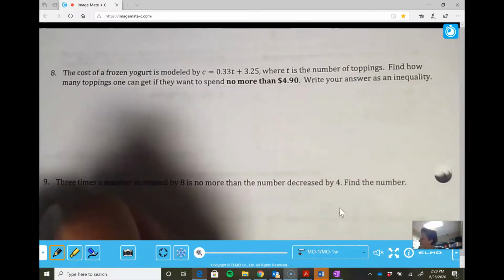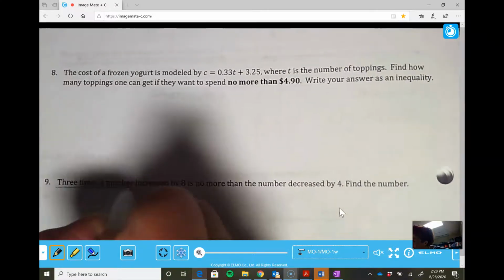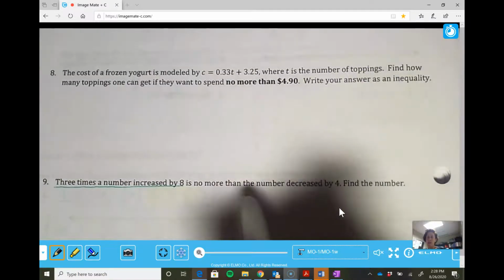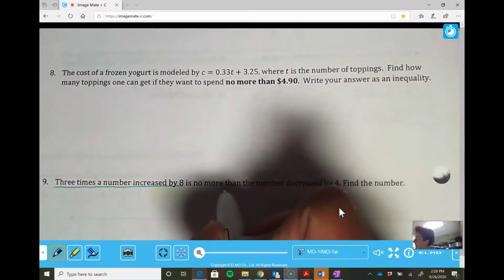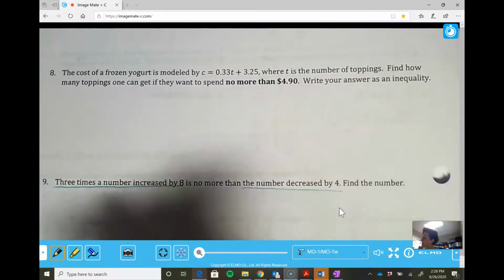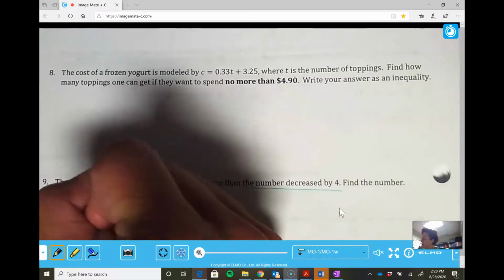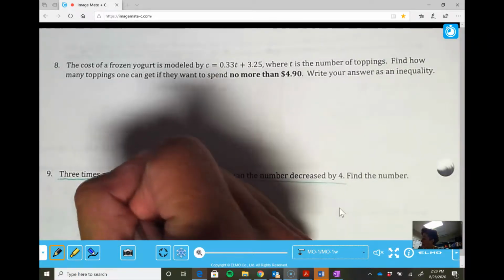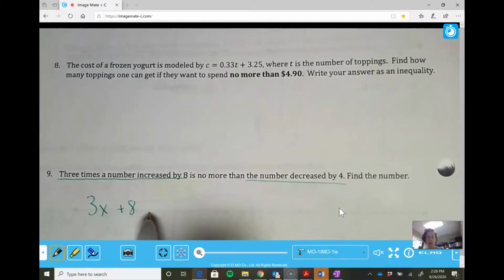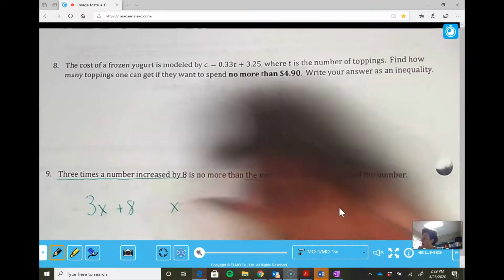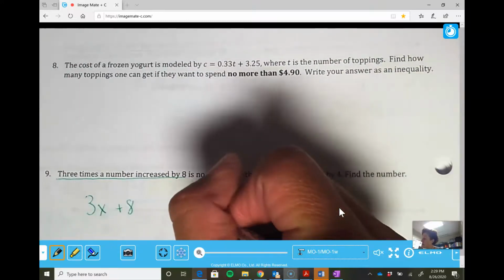Let's start with this. 3 times a number and then increased by 8 is no more, and then here's the other side of the inequality, than the number decreased by 4. So 3 times some number, and then that's increased by 8. We're going to put an inequality sign here, is no more than that same number decreased by 4.